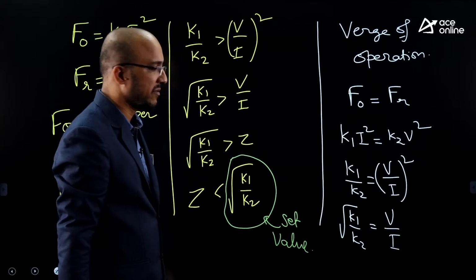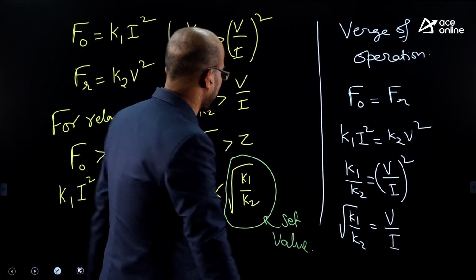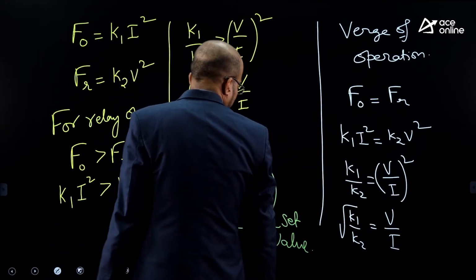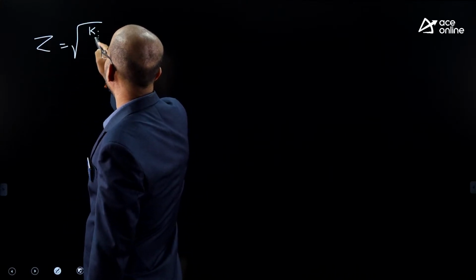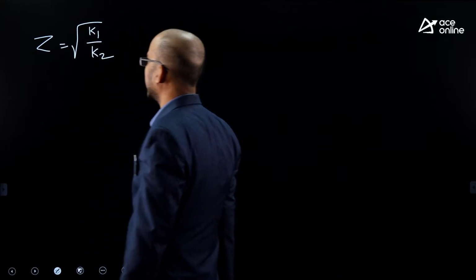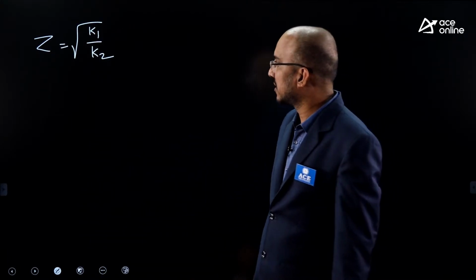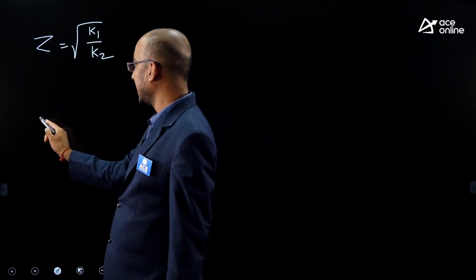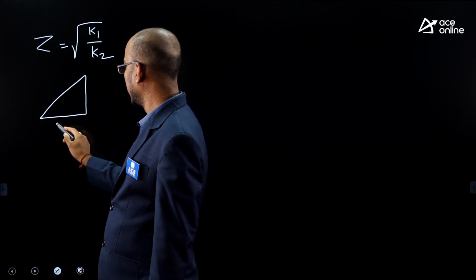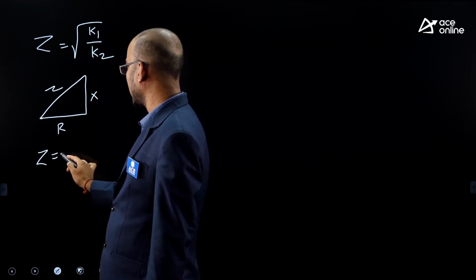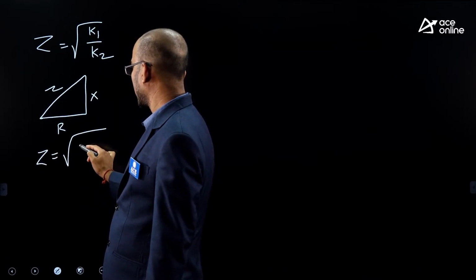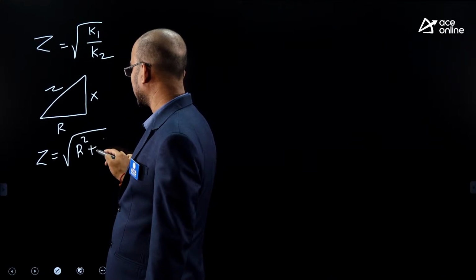So V by I is nothing but impedance. So we can write this equation as Z is equal to under root of K1 by K2. From the impedance triangle R, X and Z, Z is nothing but under root of R square plus X square.